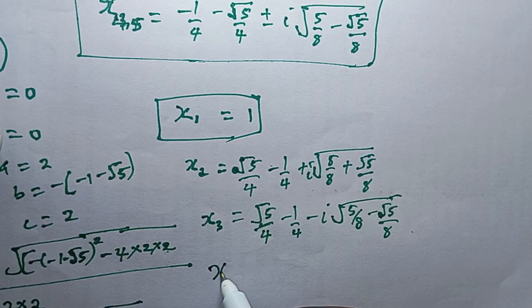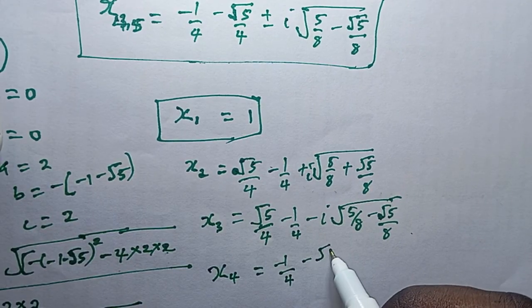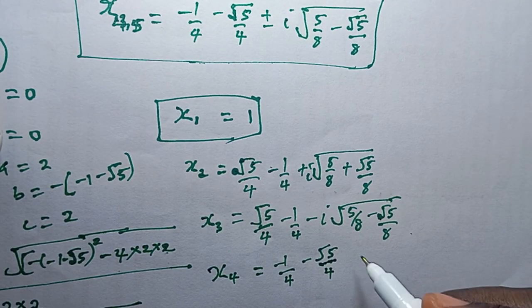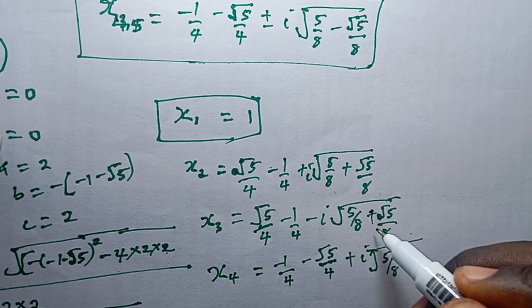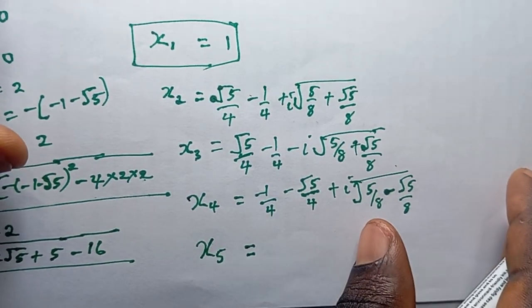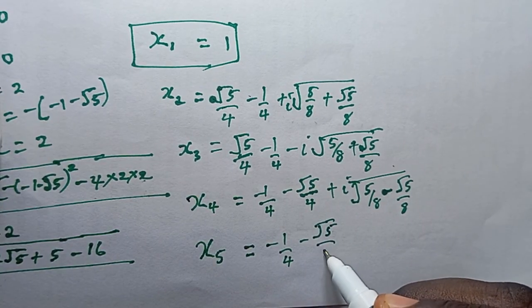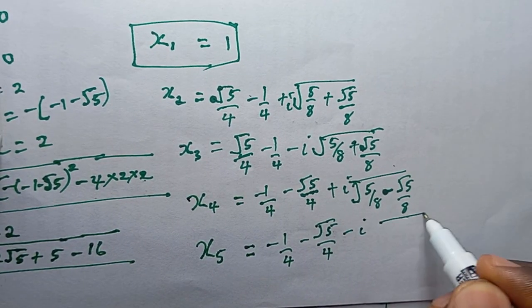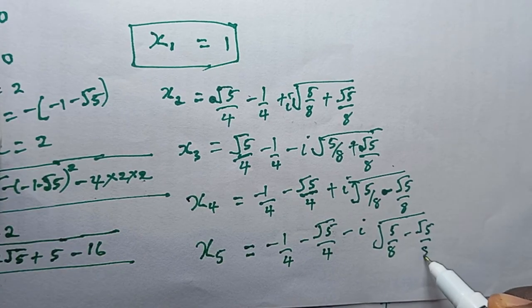Okay, and then the last two that we saw, x4 will now be equal to minus 1 over 4 minus root 5 over 4 plus i into root of (5 over 8 minus root 5 over 8), and x5 will now be equal to minus 1 divided by 4 minus root 5 over 4 minus i into root of (5 over 8 minus root 5 over 8).